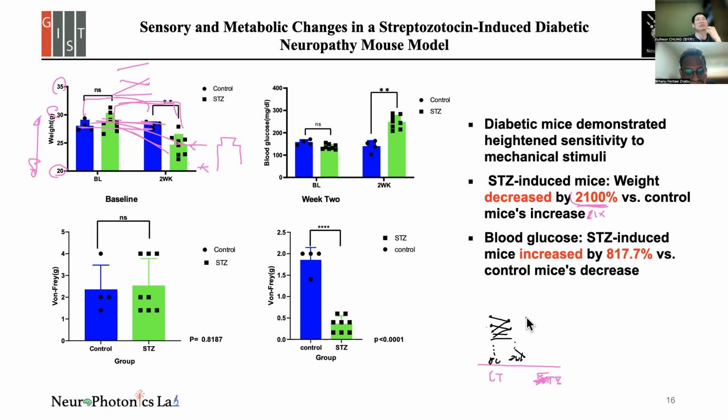So let's say blue, green, and it is actually quite decreased, right? Yeah, decreasing. So control, you probably have not significant. This one is significantly reduced. Probably this p-value, okay? Yeah.